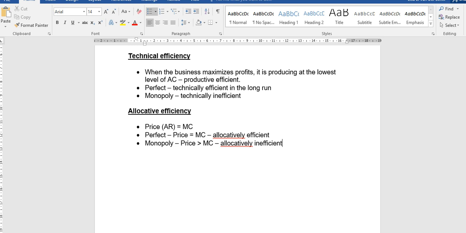So that means more goods are produced, more people are able to afford it because of the lower prices, so more needs will be satisfied. Whereas in the monopoly, the output is limited. Obviously, he reduces the output so that he can increase his price. So fewer goods are produced and higher prices are charged. So fewer people will have access to that, which makes him also allocatively inefficient. Not many needs will be satisfied.